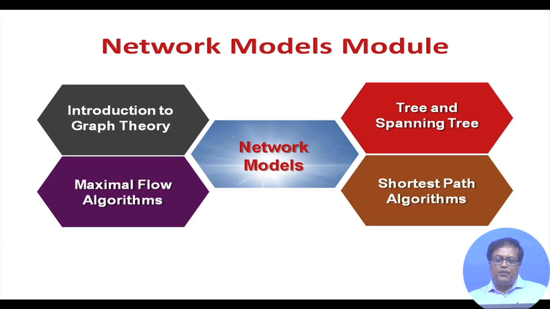Spanning trees are very important concepts, and essentially all optimal problem solutions are in the form of spanning trees. So, that will be highlighted, and two very important sets of algorithms, the maximal flow algorithms and the shortest path algorithms, will thereafter be taken up.